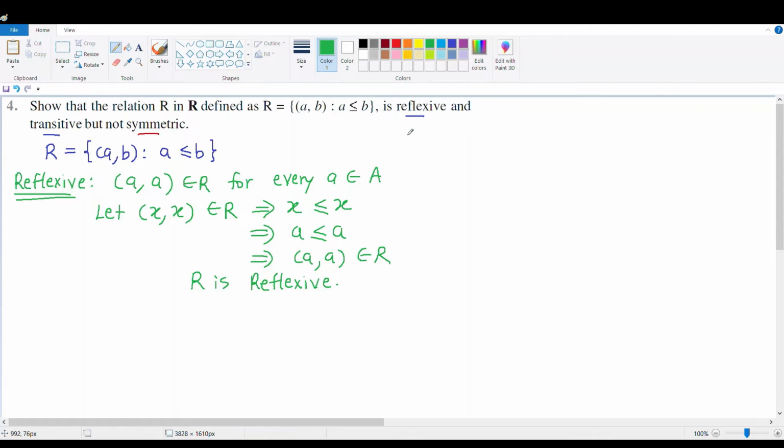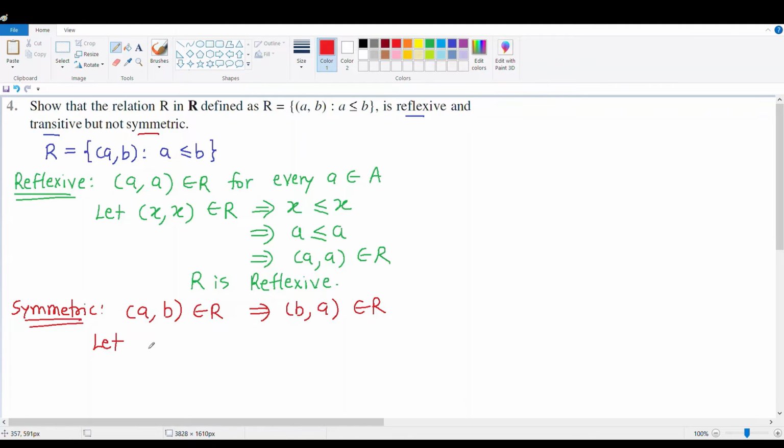Okay, so we had to show that it is reflexive. We just did that. Now we need to show that it is not symmetric. Let's do symmetric now. The definition of symmetric says what? That if you have (a, b) belongs to R, then you must have (b, a) belongs to R. Since we know that it is not going to be symmetric, we don't need to prove it, we just need to show a counterexample.